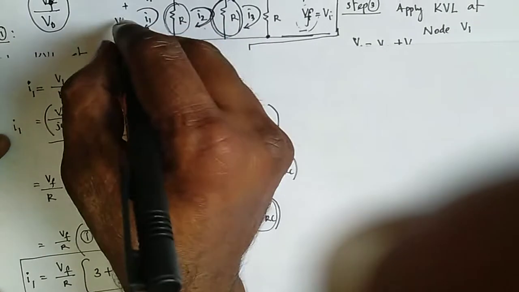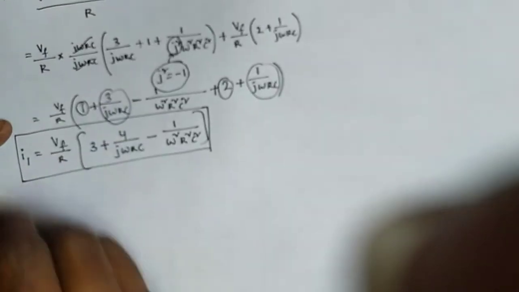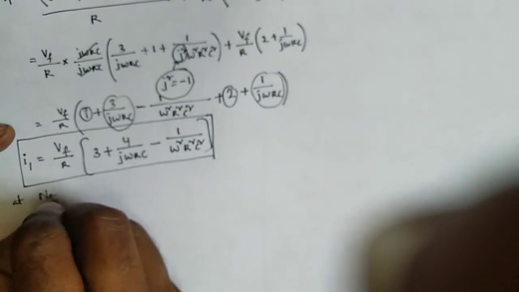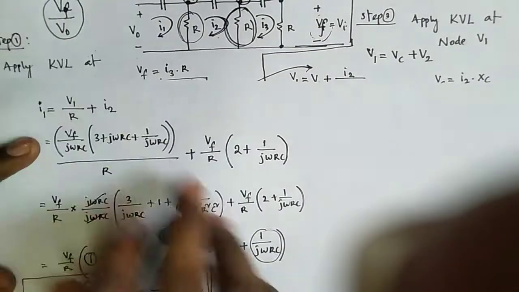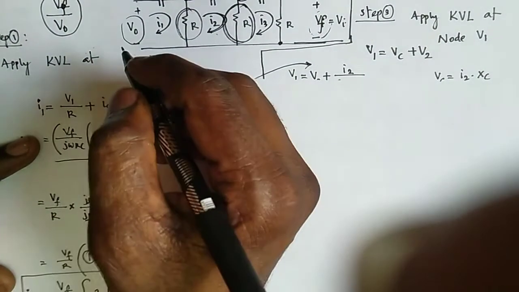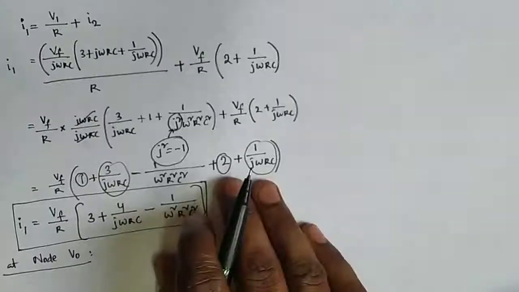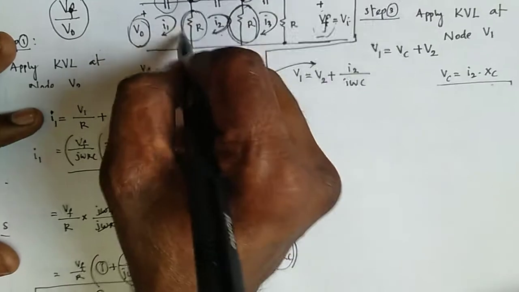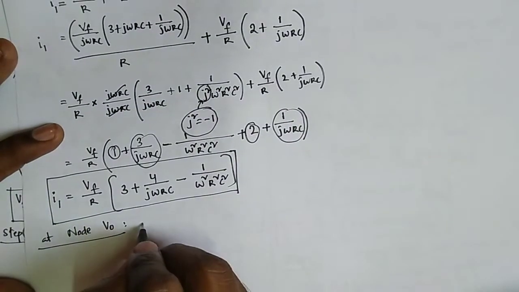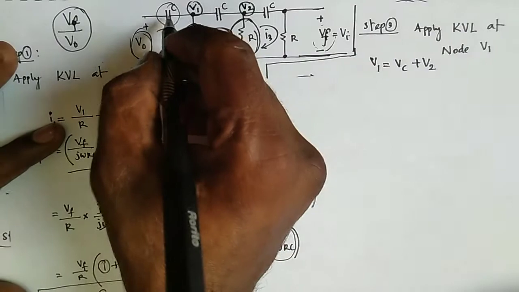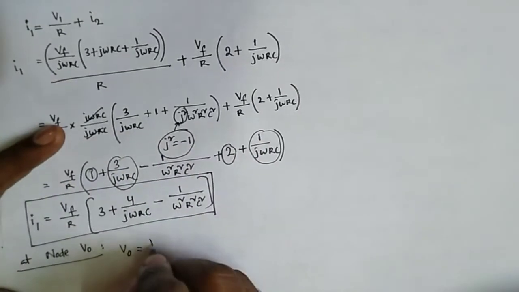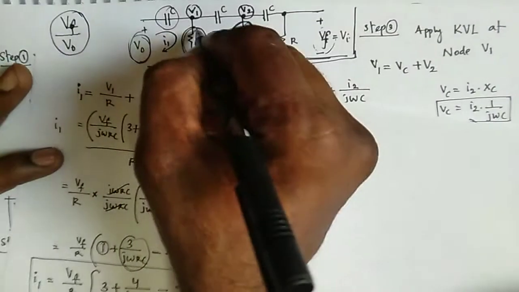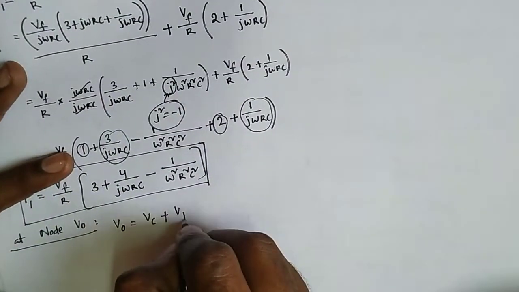After getting I1, now we have to calculate V0. At node V0, the last condition: V0 is equal to the sum of these two voltages, that is, the voltage drop across the capacitor Vc plus V1.